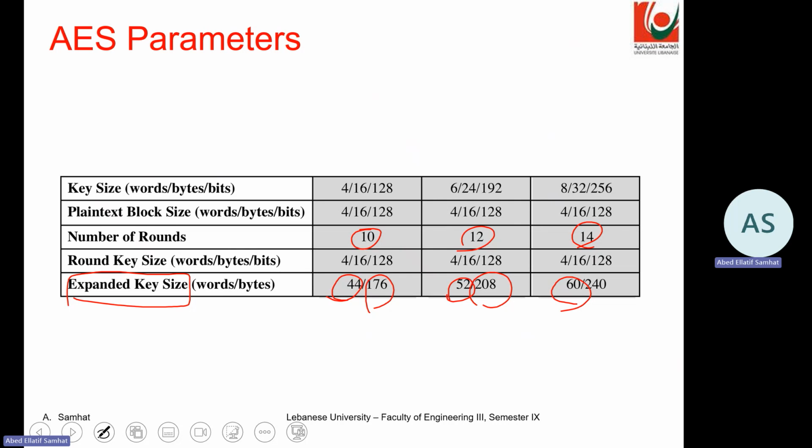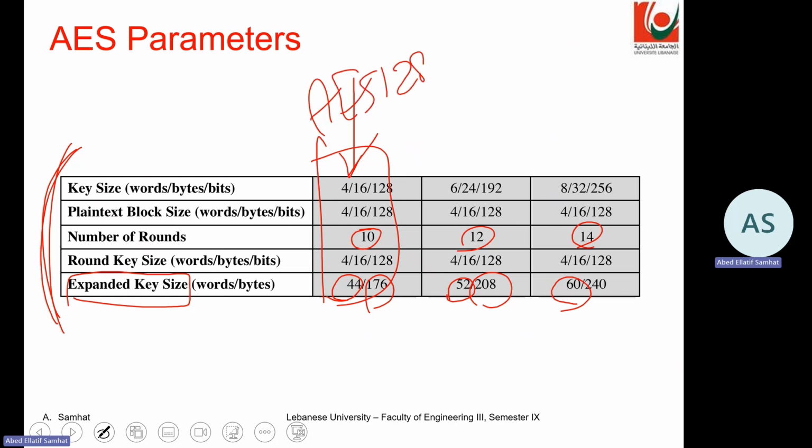Okay, so this table is very important for you to know the different parameters of the algorithm. At each case, this is for AES 128, those are for AES 192, and those parameters are for AES 256. Okay.